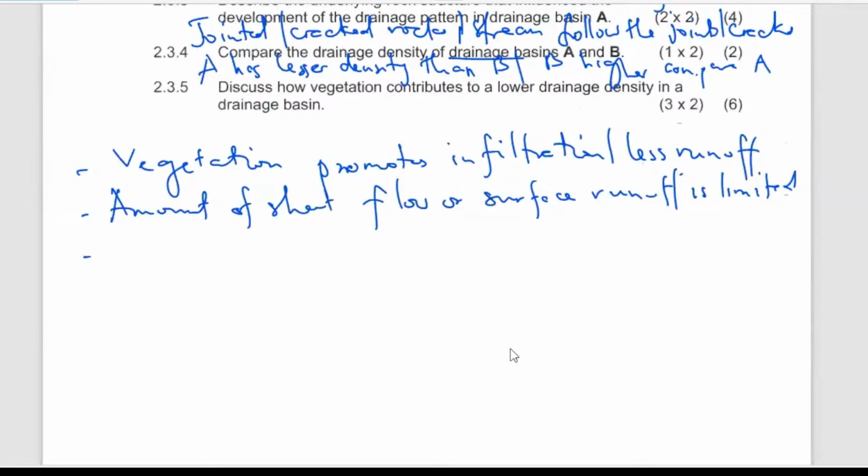And what is going to happen? Because of less surface runoff, fewer streams will develop.